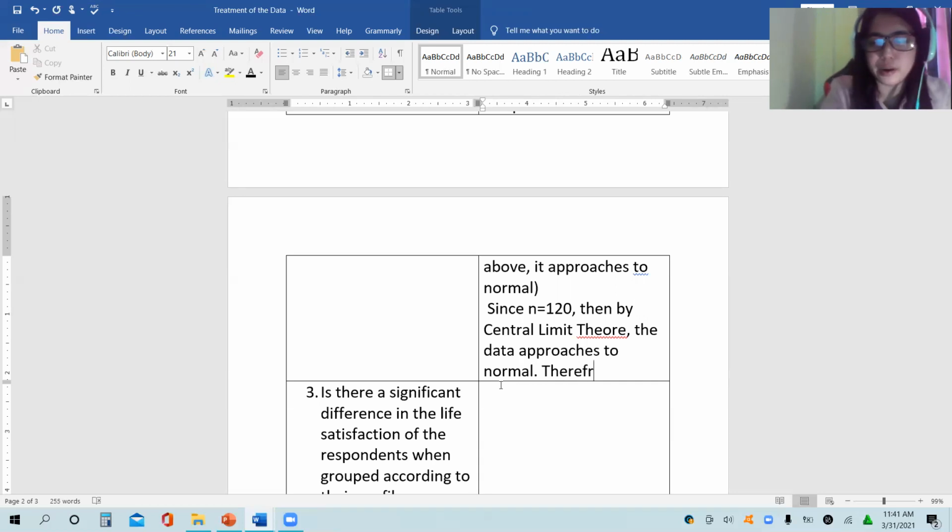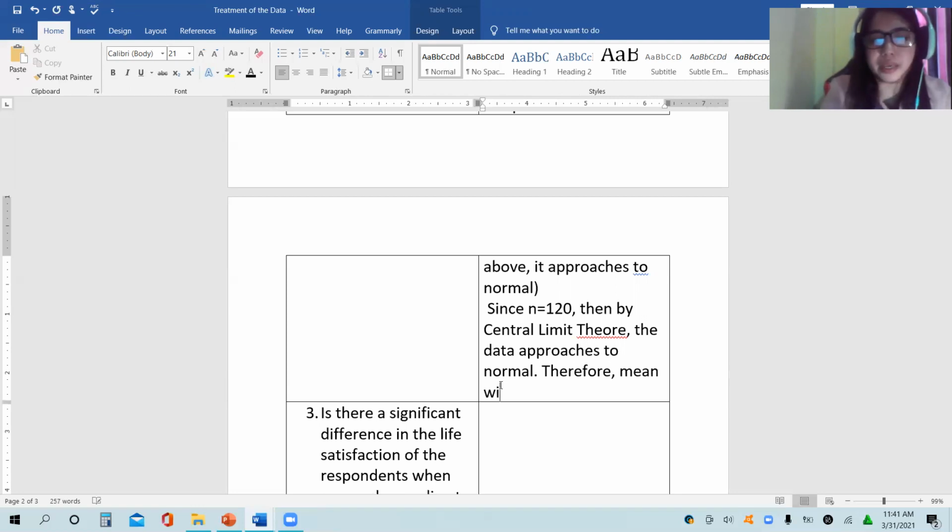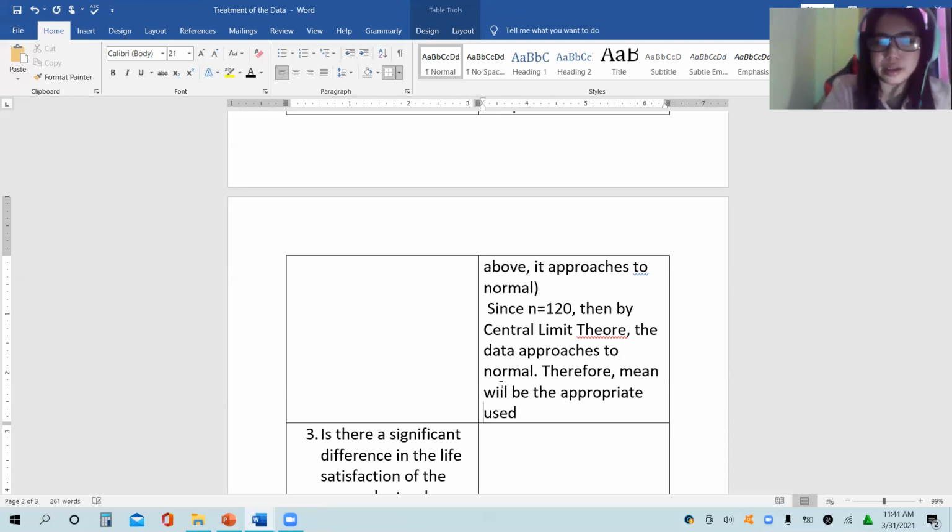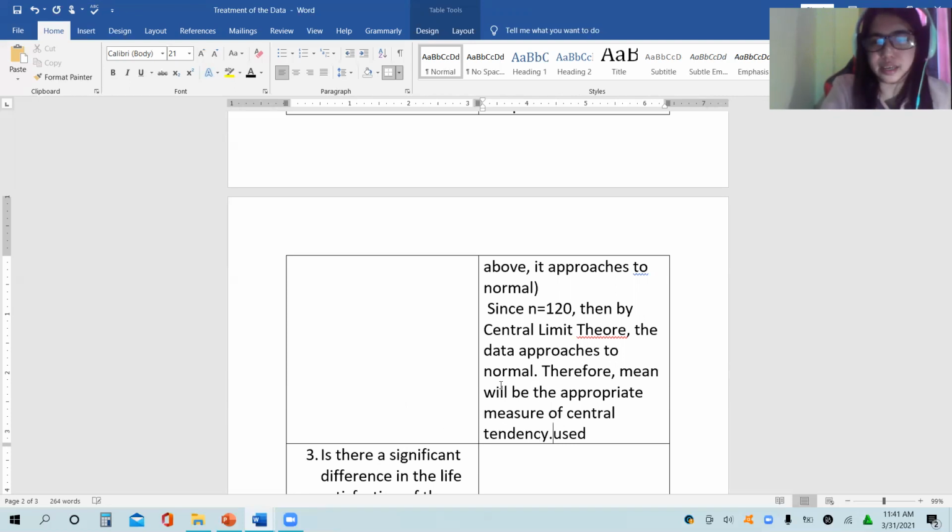Therefore, mean will be used, or mean will be the appropriate measure of central tendency.